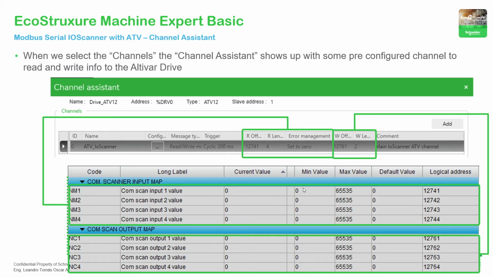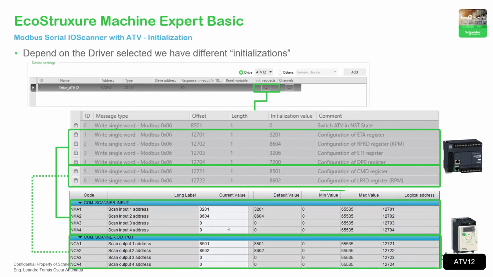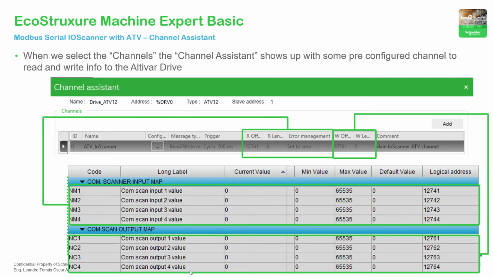Is this position. These values that are going to be here are linked to these variables. It's just a pre-configuration of the information that we are going to receive in this scan from the input and output. Simple as that.